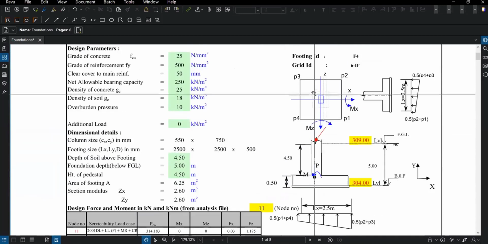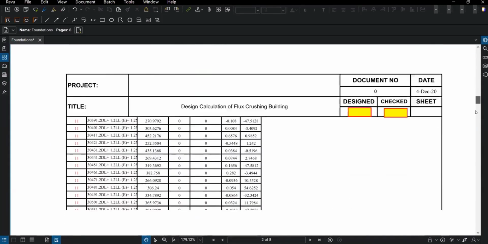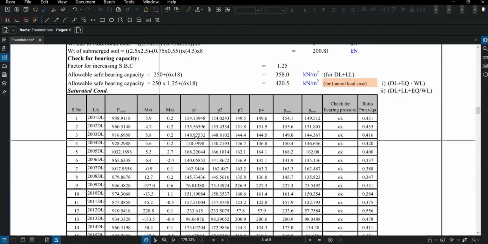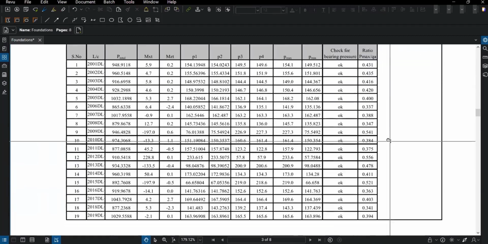And the same thing is done over here with the formula, and four corner pressures are checked for the loads and the moment that is generated from the shear force below the bottom of base plate, and the maximum and minimum pressures are checked with respect to allowable bearing capacity for static loads and lateral loads.